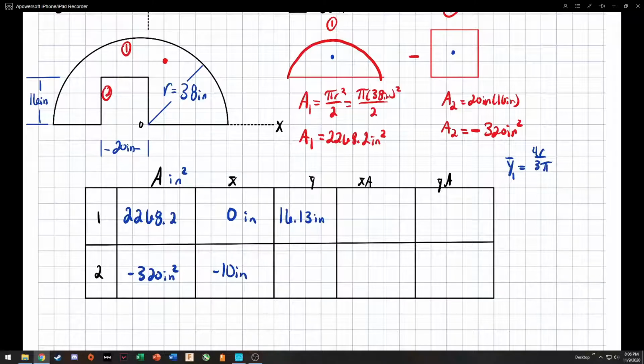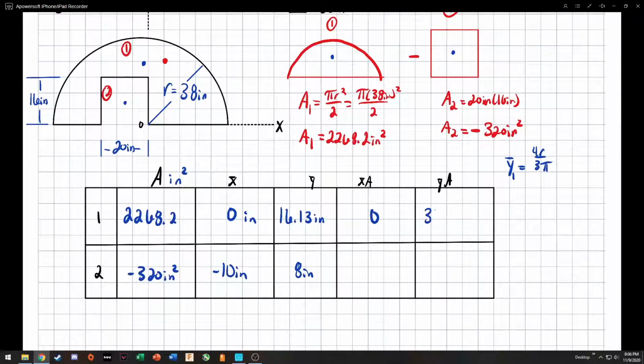Now we need to go in the y direction to find the local centroid, which is going to be here. So that's going to be half of 16, so we're going to have 8 inches. Now we need to find our x bar times our area. On the semicircle, it's going to be 0. And on the y bar, it's going to be our 16.13 times 2,268.2.